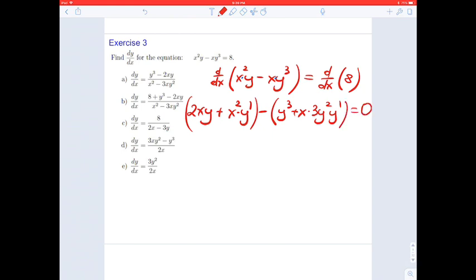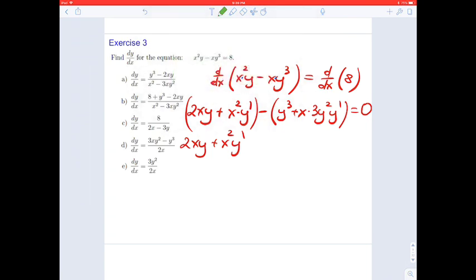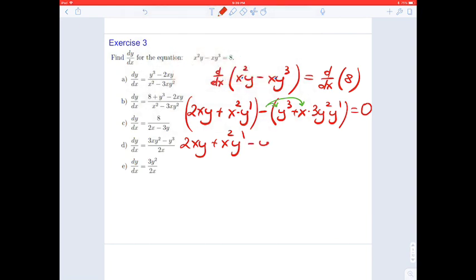The derivative of 8 is 0. Let's rewrite 2xy plus x squared y prime, and you probably noticed that's what I did in the two previous examples. We have to distribute a negative sign. Negative y cubed, negative, and let's make a nice order, negative 3x y squared y prime.